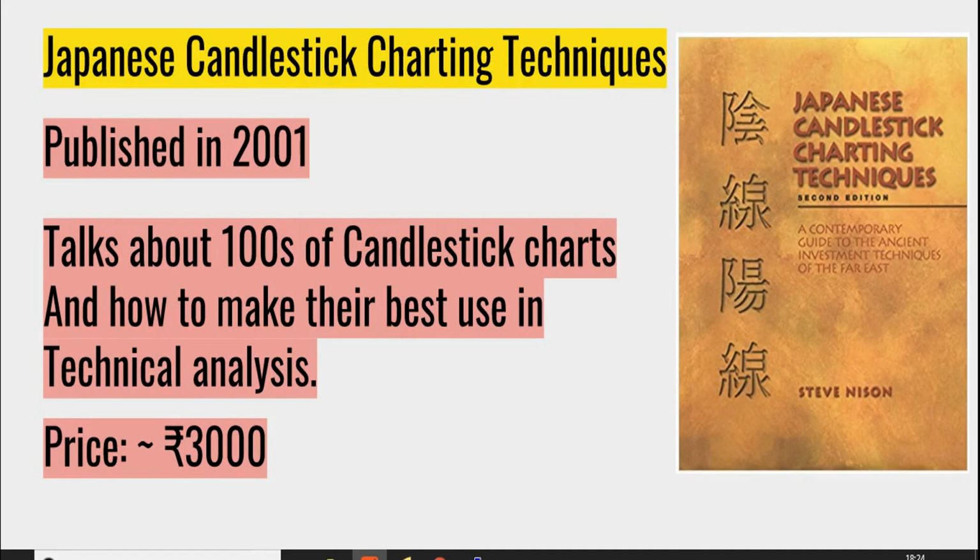It's a successful way, that's no doubt about it. And this book specifically talks about hundreds of candlestick charts, and then it also talks about how do you apply them in the practical sense when it comes to share market analysis. So this is definitely a recommended book, but obviously it makes sense for you if you actually understand, if you actually want to use candlestick charts in your share market analysis.